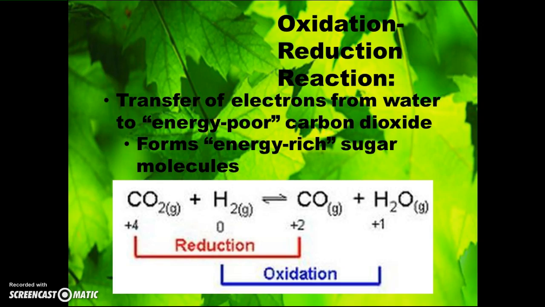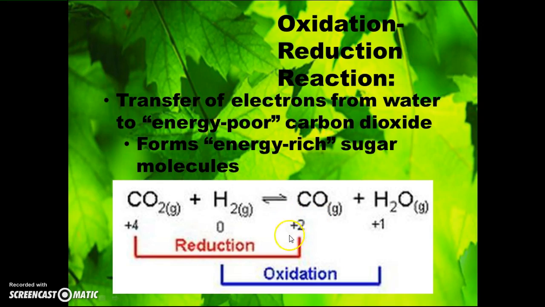So as you can see, in oxidation and reduction, something is reduced, meaning that it gains electrons. In this instance, we can see the reduction occurring right here. It is reduced, meaning that there's a gain of electrons here on this carbon and this oxygen.